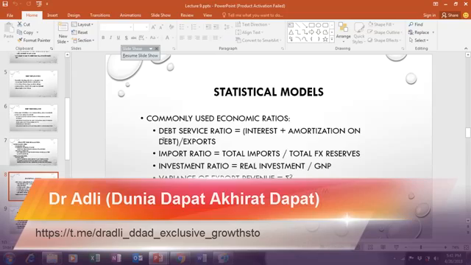So what would be the debt service ratio? The maximum that you can go is how much? But for the country, it is based on interest and amortization on debt, divided by the export. Export is like income, right? The external income you're exporting.